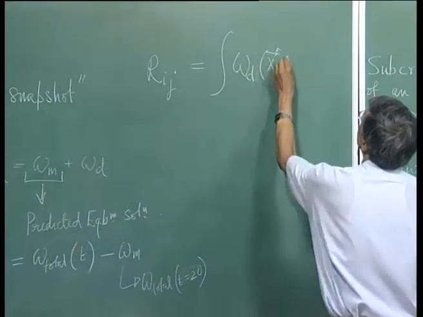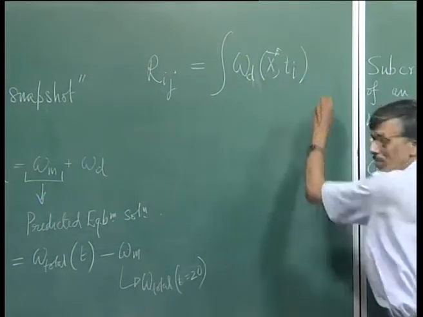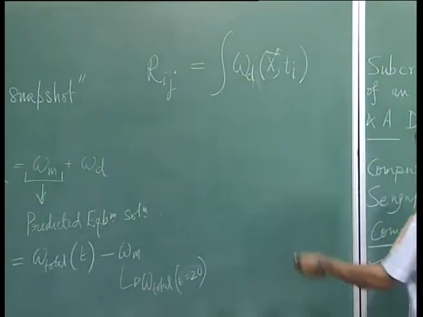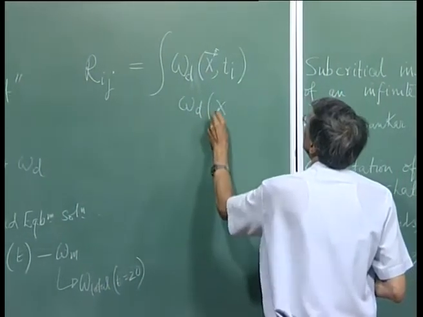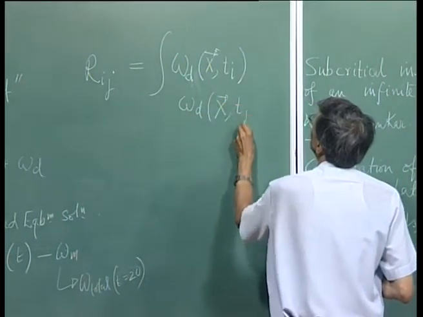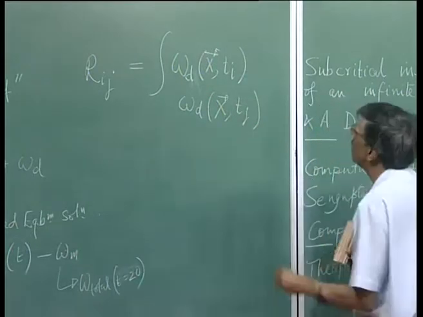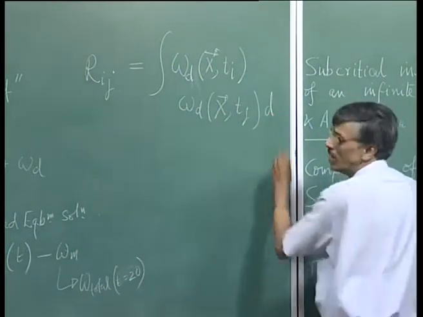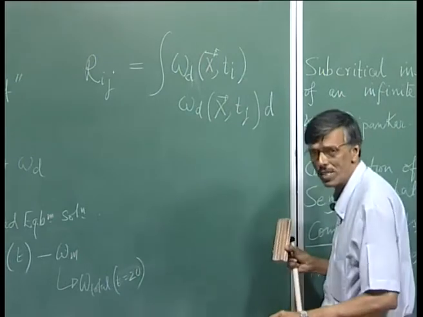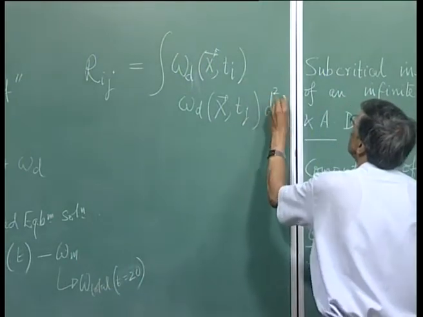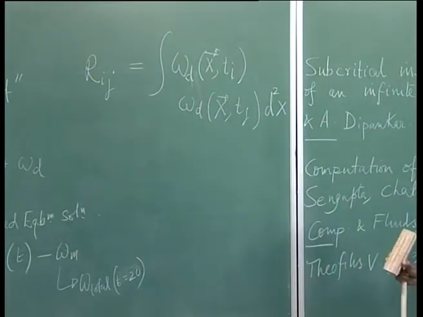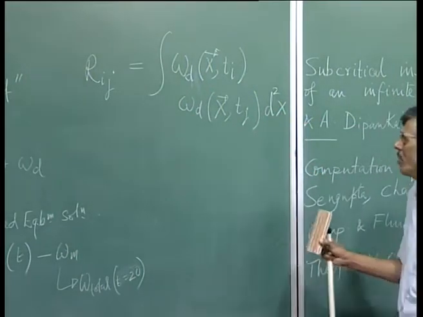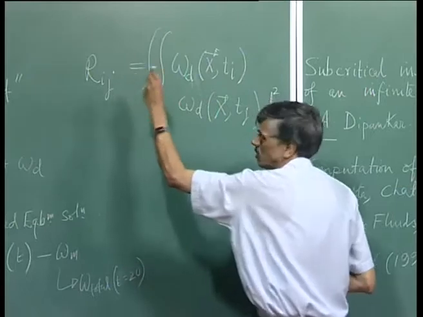I will rather write it as T_i. Okay. So that is what it is, and then multiply by omega d at T_j, and then I perform the integral over all the collocation points. So in this case we are doing a two-dimensional calculation, so we will be integrating over the whole domain. So right, this is this.